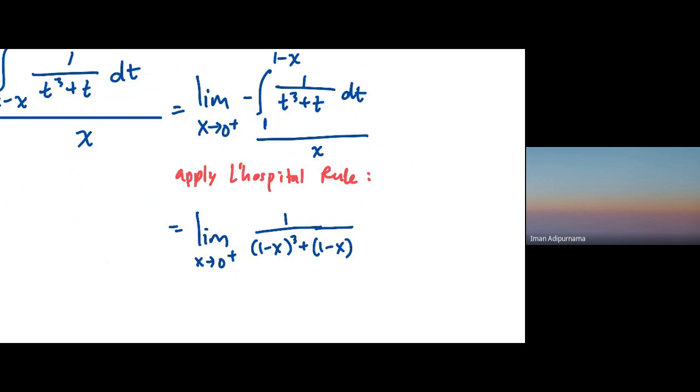Because minus, and then in the chain rule, you get also minus 1. So minus minus, so it will cancel. So it will be positive, right?